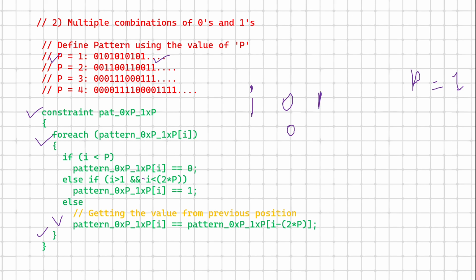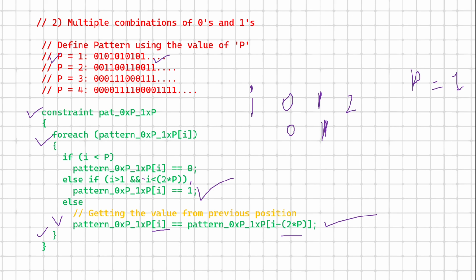So this condition is fulfilled at the second, so it will be 1. And as in the previous question, it will again go to our 0th index, because i minus 2p means 2 minus 2, so our index is again 0.